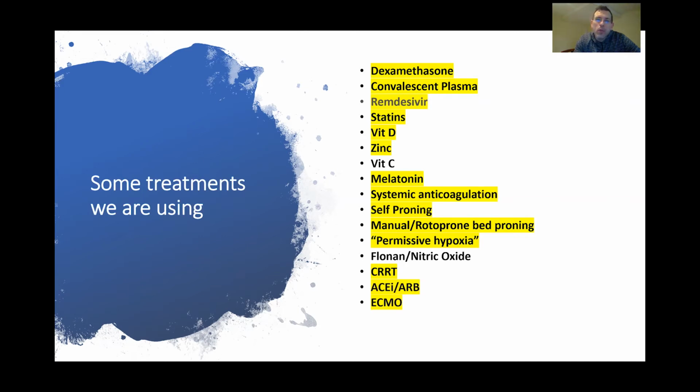However, most of the research has been done with IV formulations of vitamin C, and that's currently not available in the US. And it's highly unlikely that we're able to get to the doses with the oral form due to its limited bioavailability and some of the GI side effects you get with some of the higher dosages.